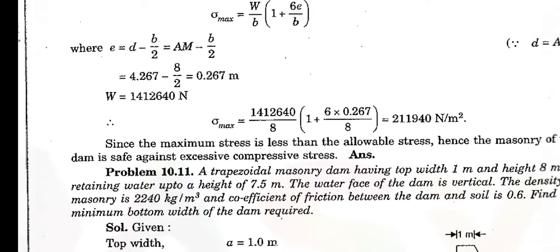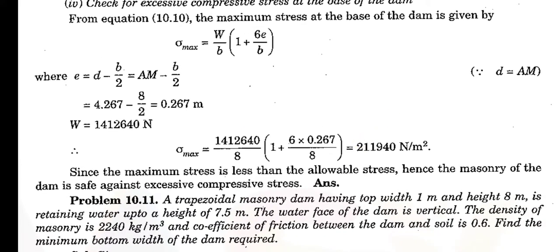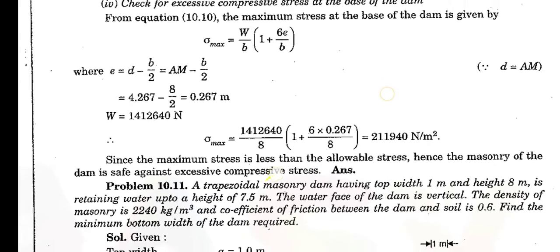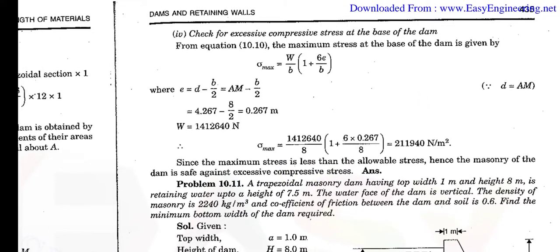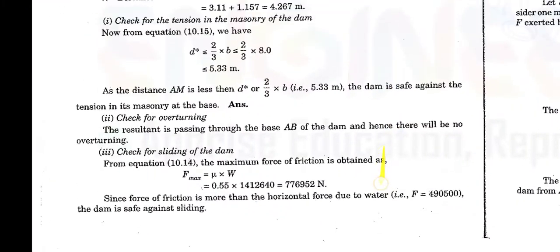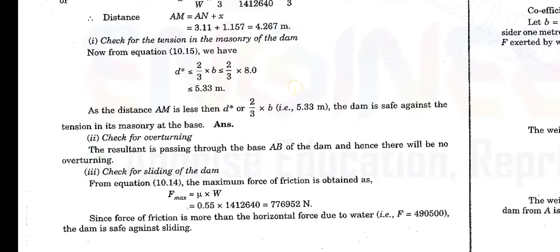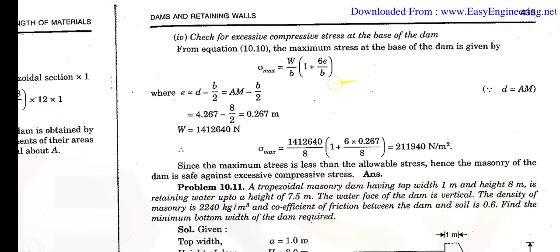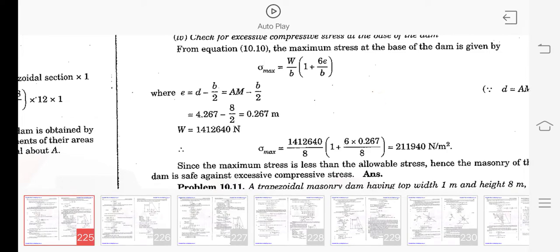The allowable stress is given in the question, so the calculated stress must be less than the given stress. So with this, all the checks show the dam is safe. This is the standard procedure: check for tension, overturning, sliding, and then check for excessive compressive stress.